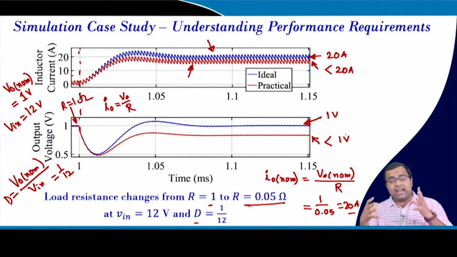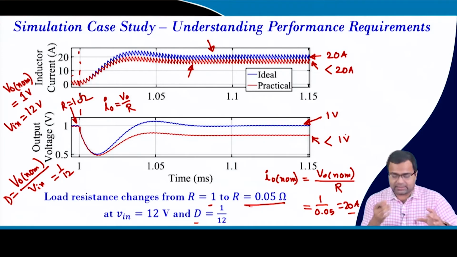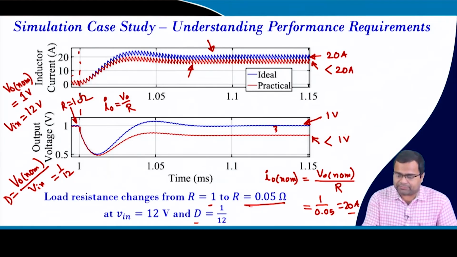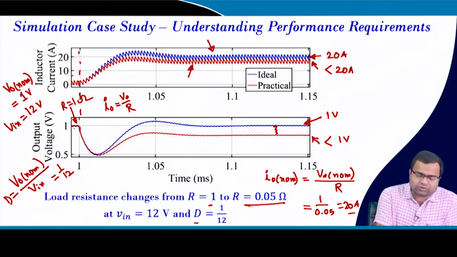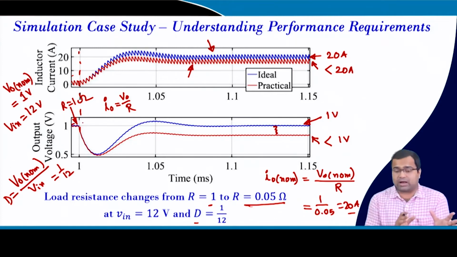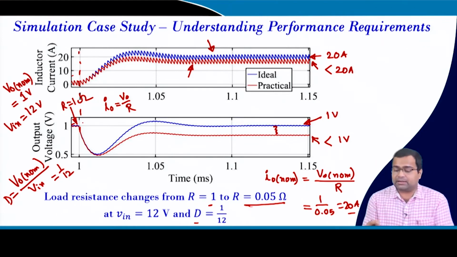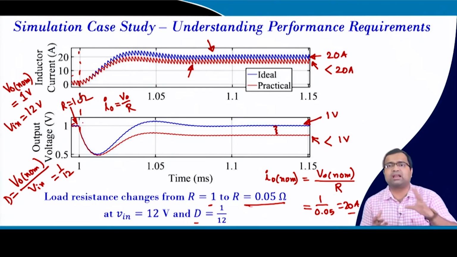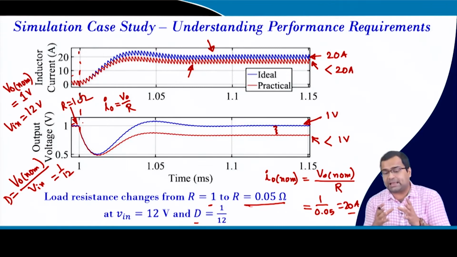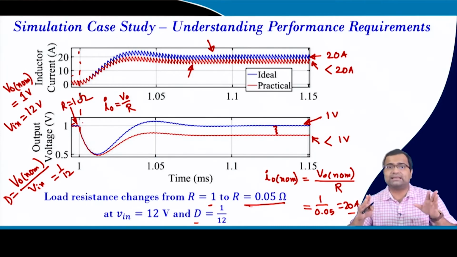Now, the question is why it is happening. This difference between the voltages, which was almost negligible for R equal to 1, now becomes very prominent, and that difference increases when the load current increases or the load resistance decreases. This can be attributed to our DC output impedance, because we just now talked about a DC voltage source.